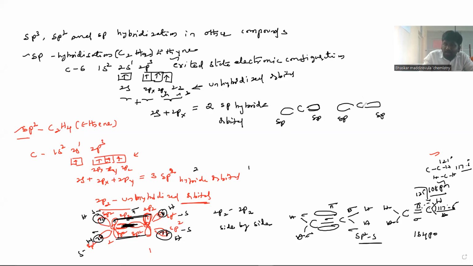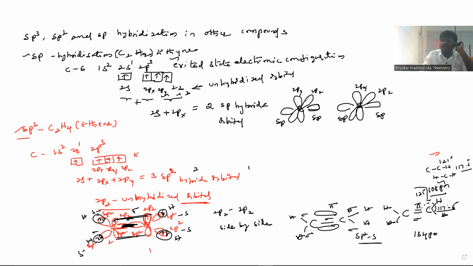They possess a dumbbell shape. So here is the 2py, and at the same time you can see the 2pz also. Here also you can see the 2py and the 2pz orbitals.